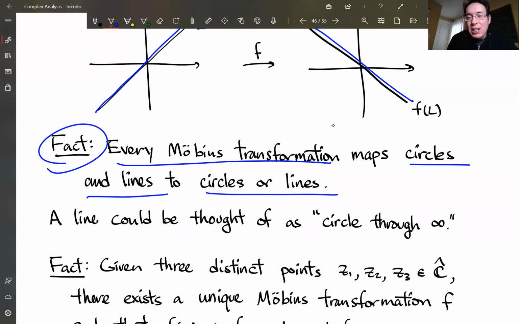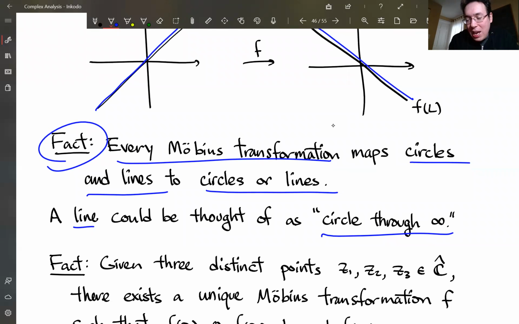Or if you think of a line as a circle with infinite radius, or a circle that passes through infinity, then you could think of a line as another circle, in which case a Möbius transformation maps circles to circles, which might be easier to remember.